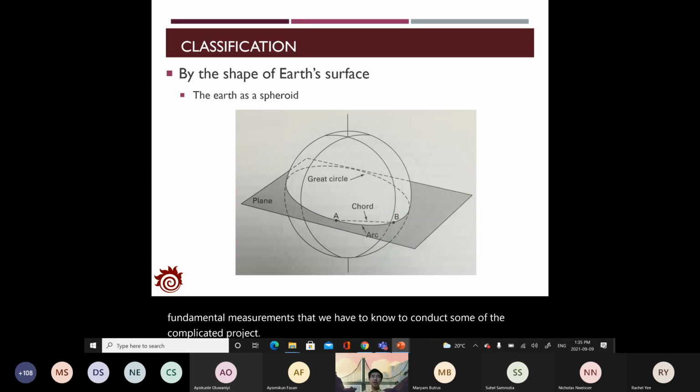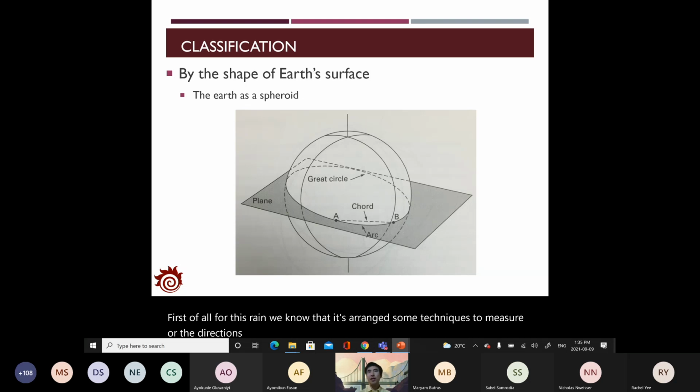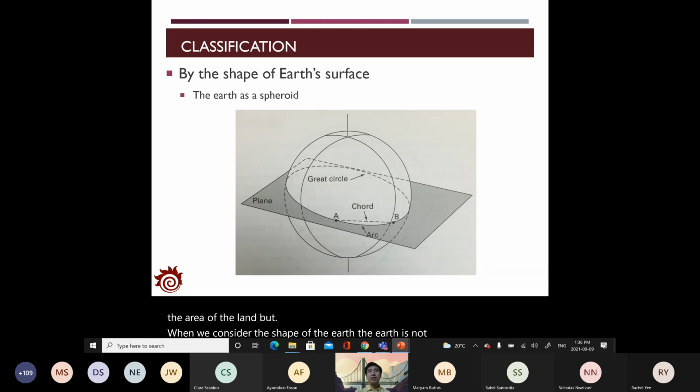First of all, surveying is a set of techniques to measure directions and distances, to identify locations, and also to estimate the area of land. But when we consider the shape of the Earth, the Earth is not a flat plane. Instead, it's a ball.